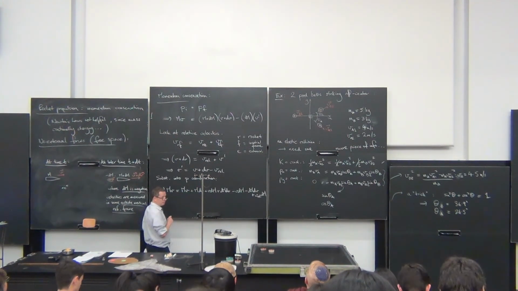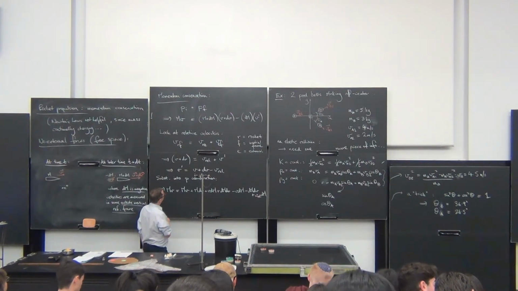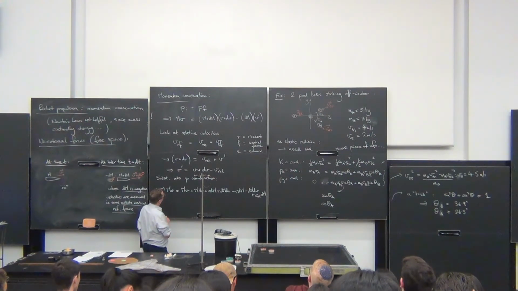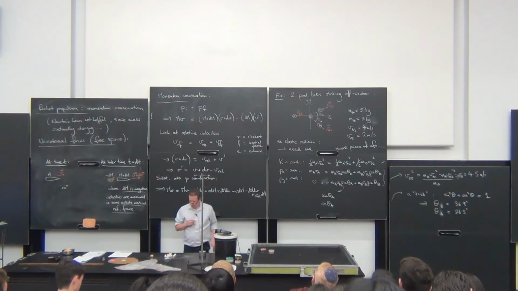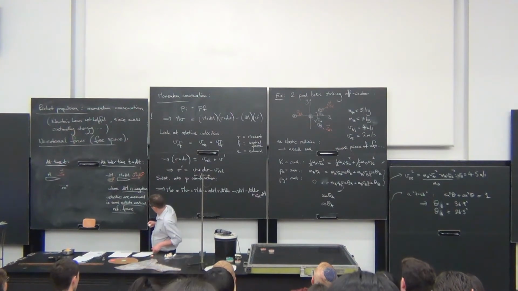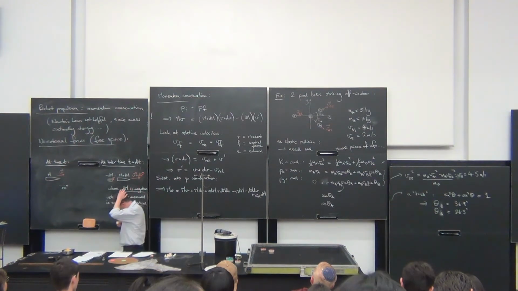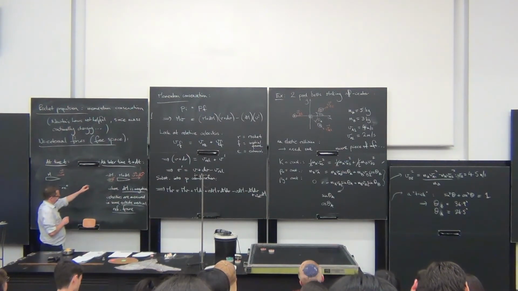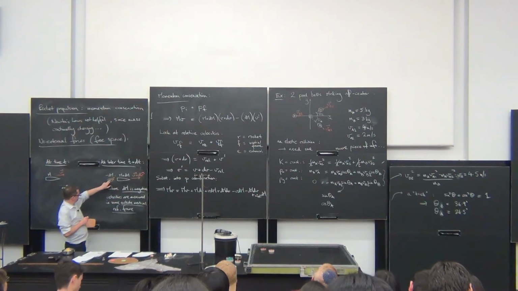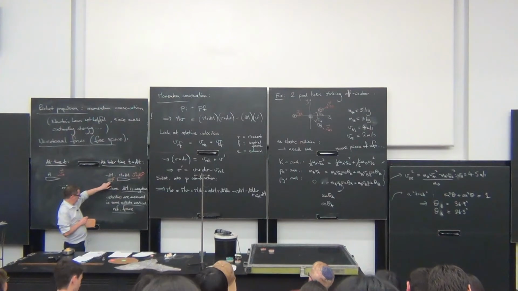Yeah? A good question. Why is the velocity of the exhaust a constant? Like you were saying, that's not a constant. So we are imagining, in this case, let's see, the velocity.